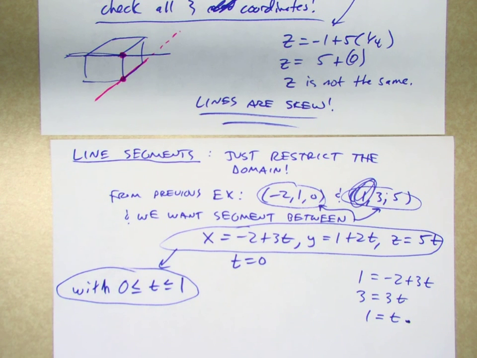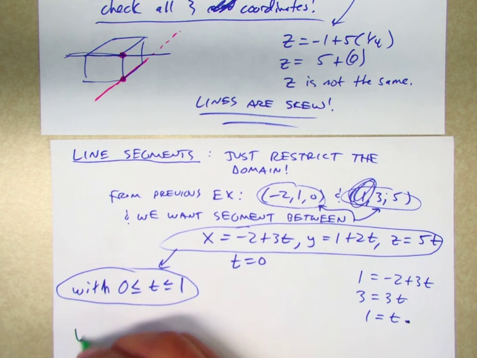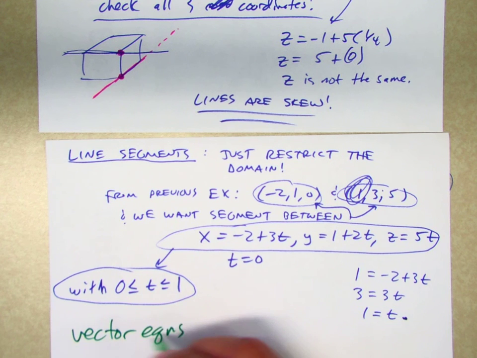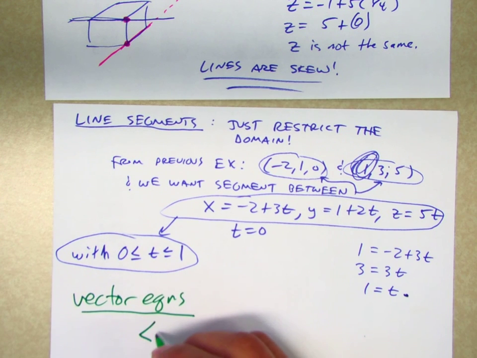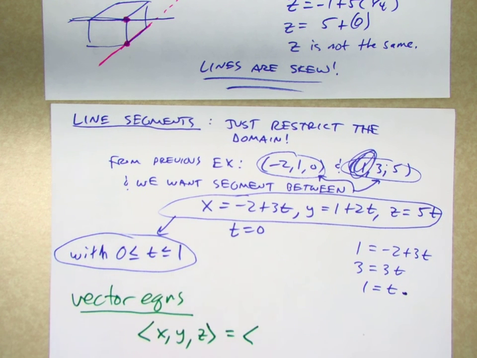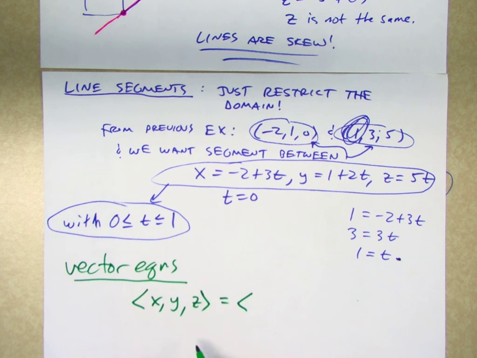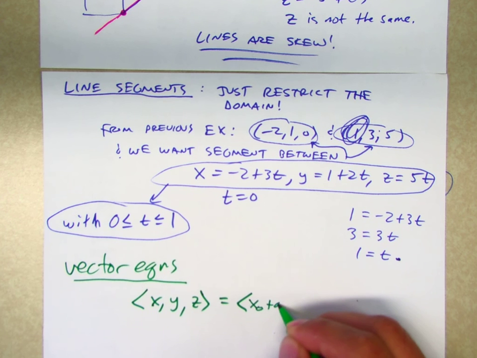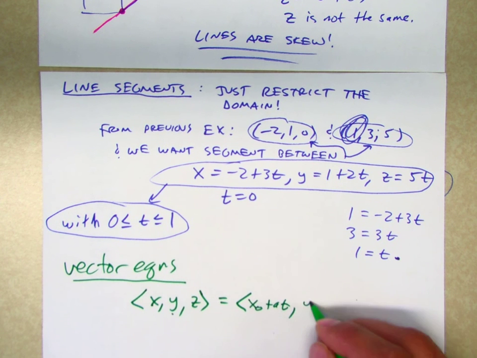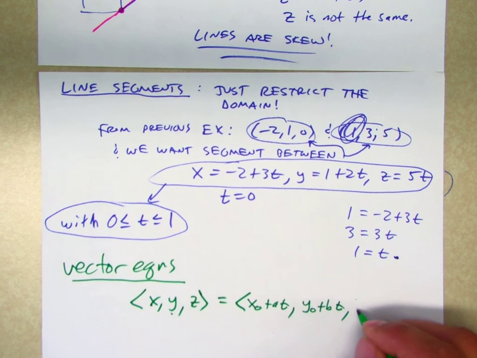Finally, we have vector equations. And those look like this. If we're talking about lines in vector format, you can take each parametric equation and make it a component. So it'd be like x equals x naught plus at, y equals y naught plus bt, and z equals z naught plus ct.